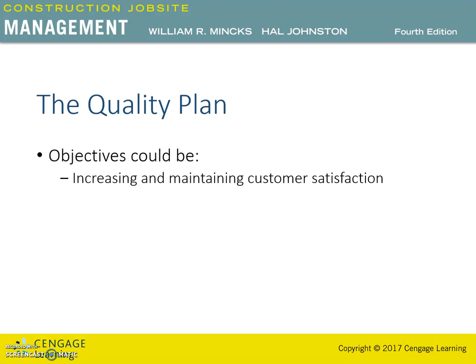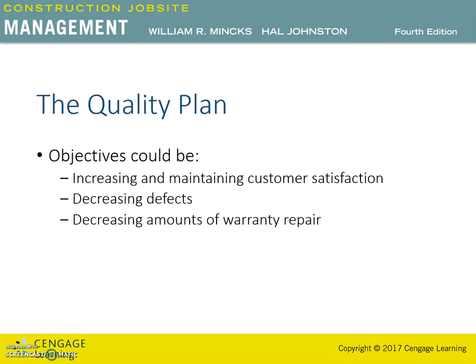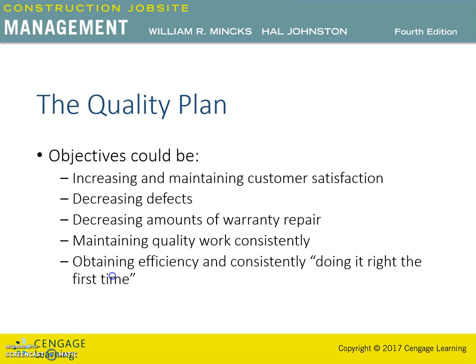Some objectives of the quality management program could be the following: increasing and maintaining customer satisfaction with construction work, decreasing defects in the construction work, decreasing amount of warranty repair, maintaining quality work consistently from project to project and crew to crew, and obtaining efficiency in the construction work and constantly and consistently doing it right the first time.